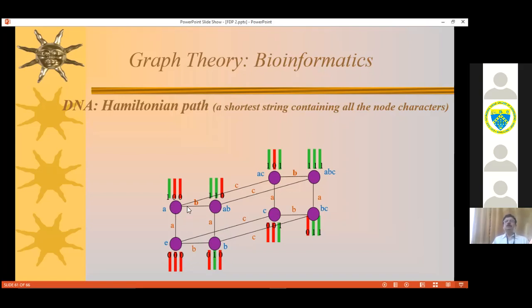Now two vertices labeled with binary strings of length 3 are adjacent whenever they differ in exactly one place. For example, 0, 0, 0 and 0, 1, 0: the second place differs, therefore they are adjacent. And 0, 0, 0 and 0, 0, 1 differ in the third place, exactly one place, therefore they are adjacent.